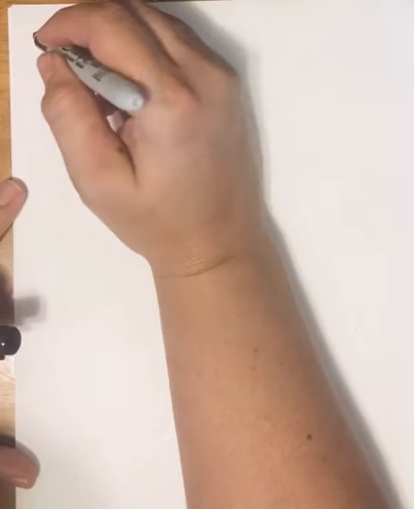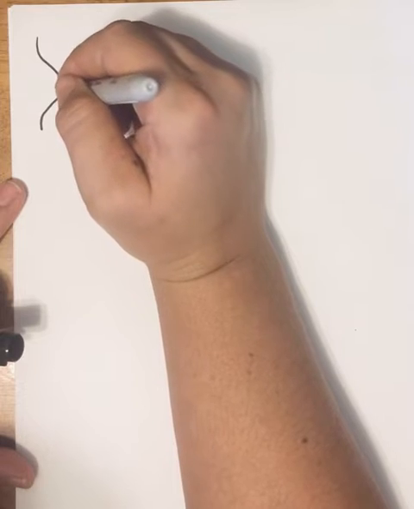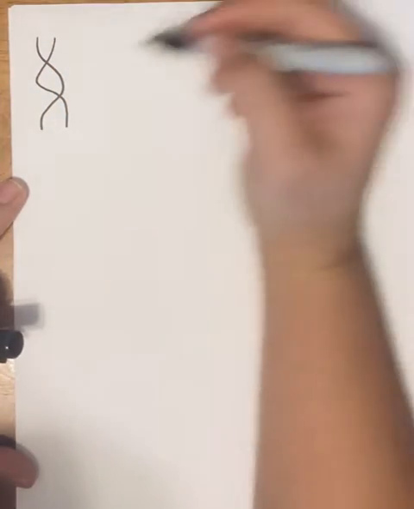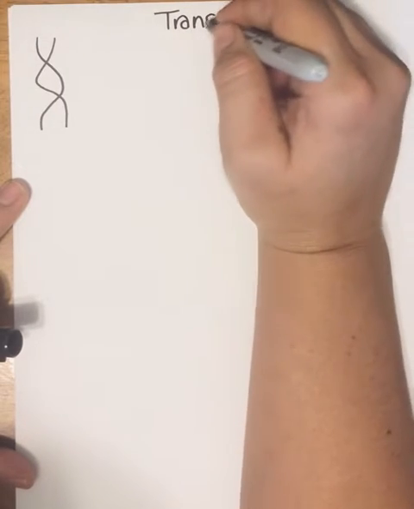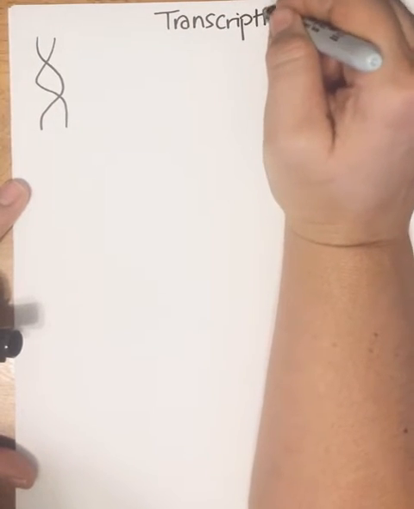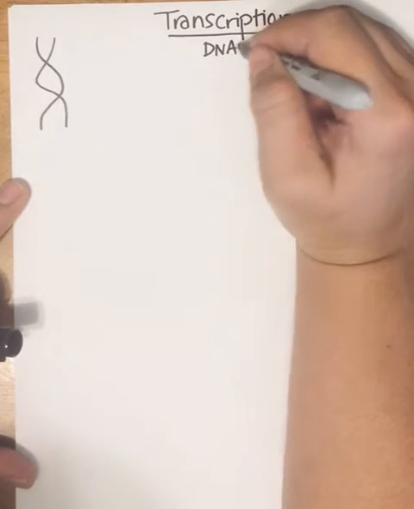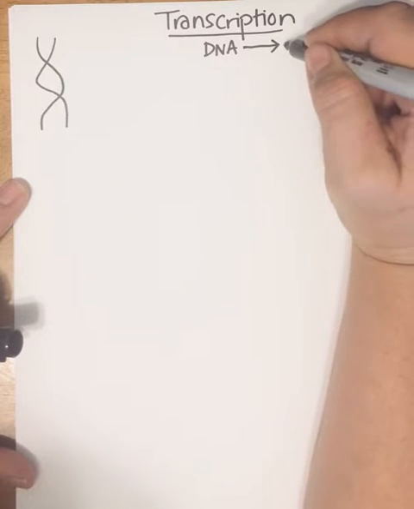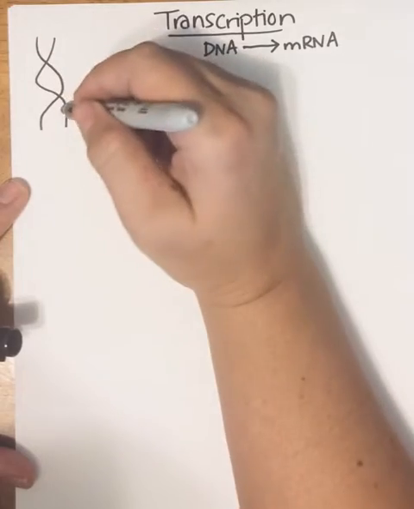Now, in the past when we did replication, we used all the enzymes. So we know that in order to copy DNA for transcription, it has to be unzipped. Transcription is going to be taking your DNA and making a copy of only one side to produce your mRNA. So here's your DNA.